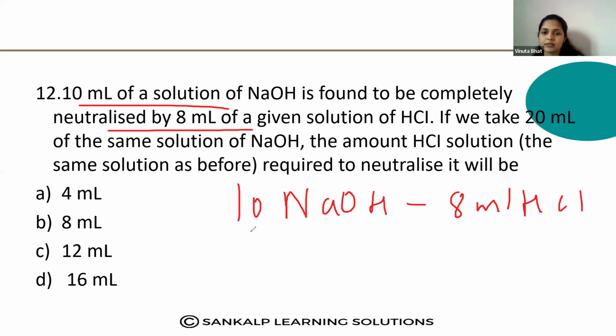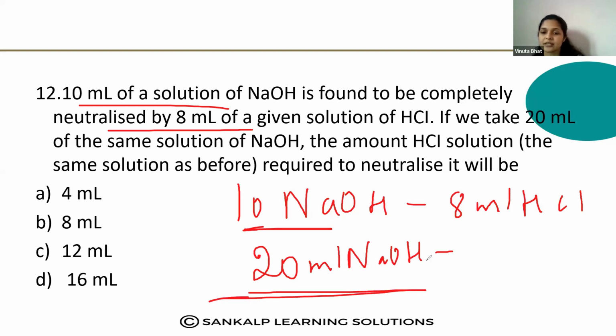The same NaOH solution, 20 ml, is taken for the neutralization reaction. How much HCl is required? For 10, 8 ml. For 20, it should be 16 ml of HCl. So here option D, 16 ml, is the correct answer.